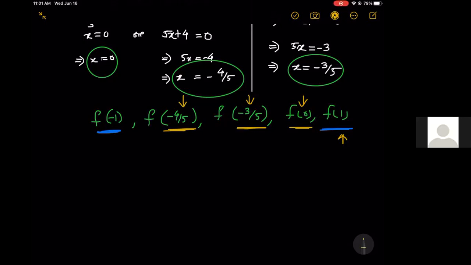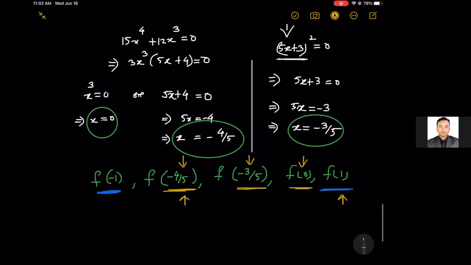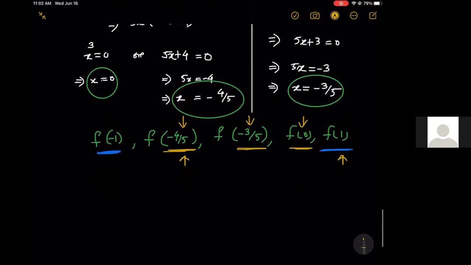We had 0 and -3/5. Okay, so you didn't get -4/5? No. Why? Just because we got the bottom part of the quotient rule, but we hadn't done the top part correctly, so we weren't able to get x to the 3rd equals 0. Yeah. Got it. Okay.